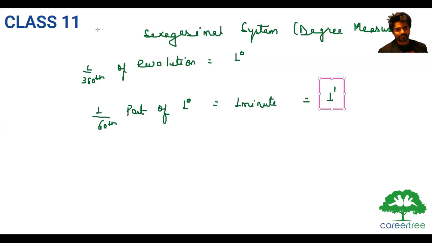Then 1 by 60th part of 1 minute is equal to 1 second, and 1 second is represented by a double dash like this. Understood? Any confusion over here?